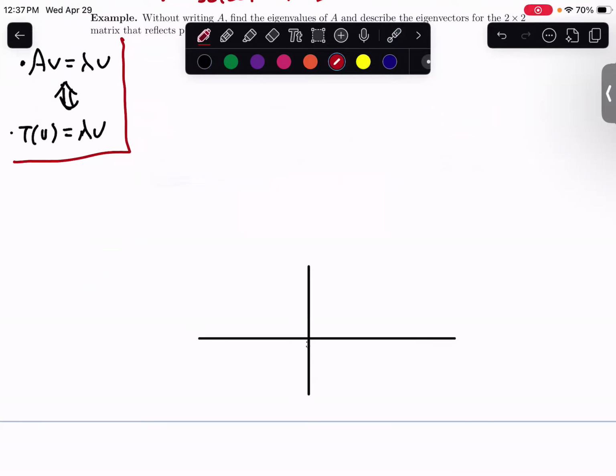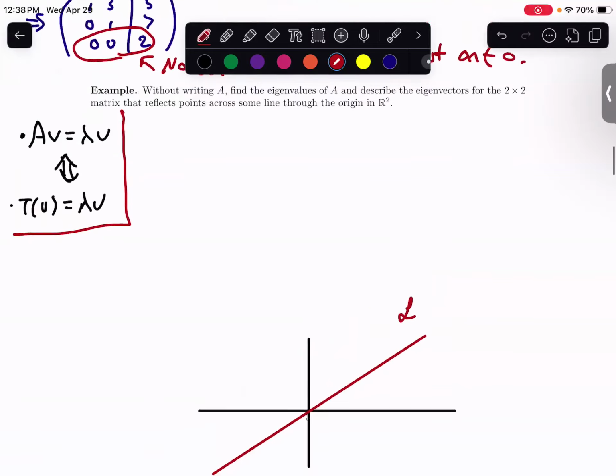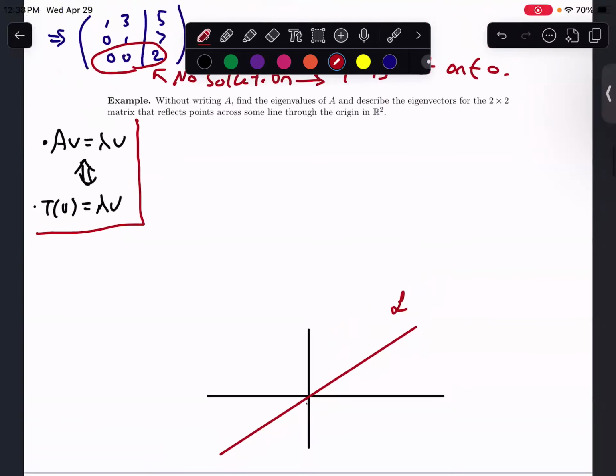The direction of the line doesn't really matter at all. Say we have some basic line like this. What the transformation is doing, or what the matrix multiplication is doing, they're equivalent notions, is reflecting points or vectors over this line.